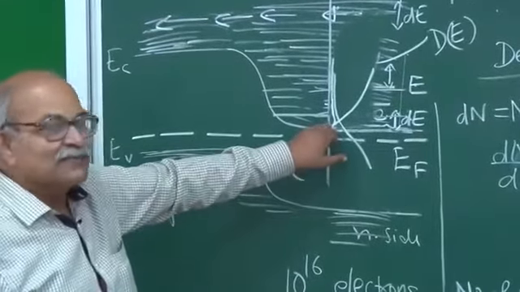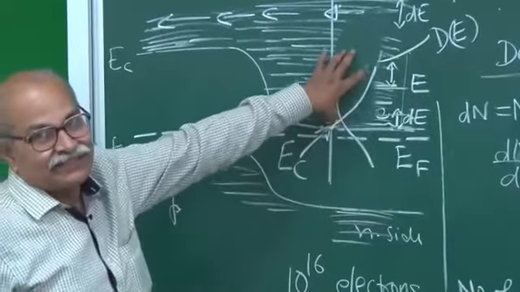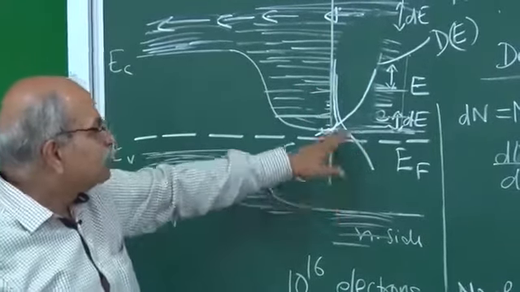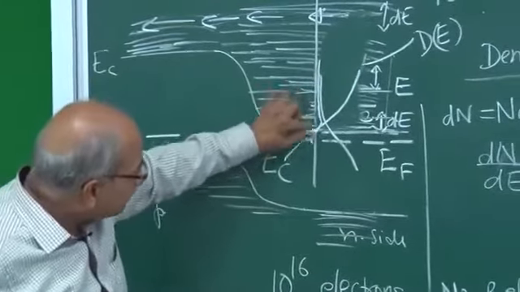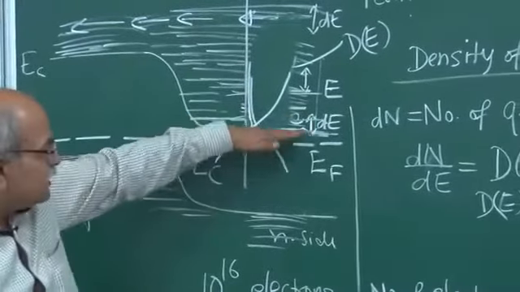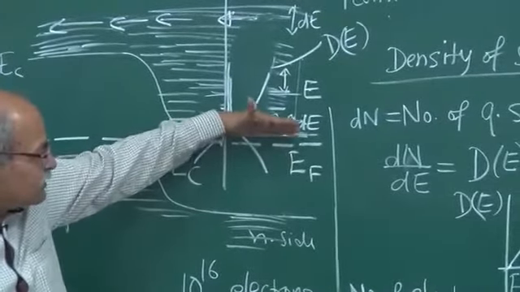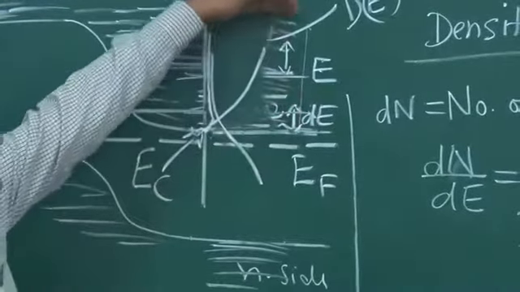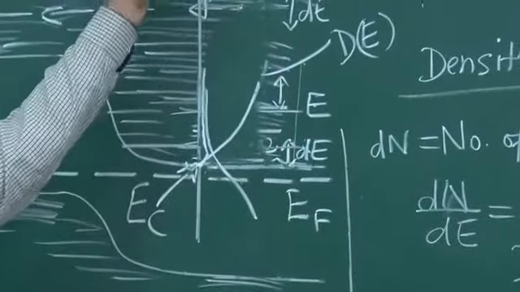Slightly above it maximizes and then it decreases. But for all practical purposes, you can neglect that variation here, and you can say that the lower the energy, the larger the number of electrons, and then as you go up, that number decreases.